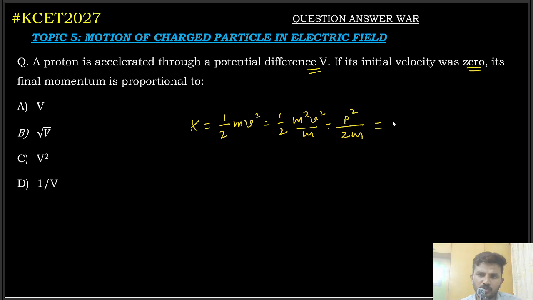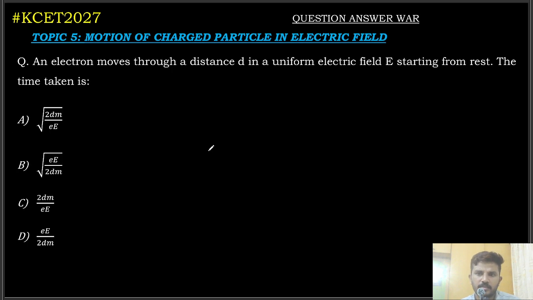This is equal to qV. Kinetic energy is equal to qV. So p square is directly proportional to V, and p is directly proportional to the square root of the potential difference V. That's why option B is correct.